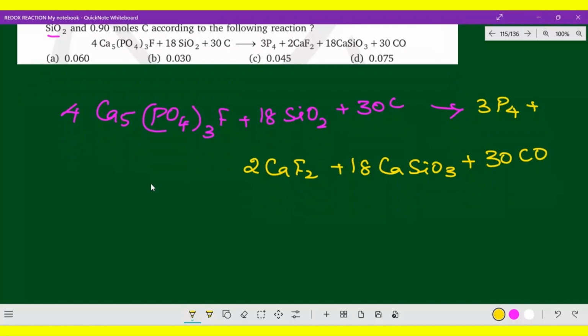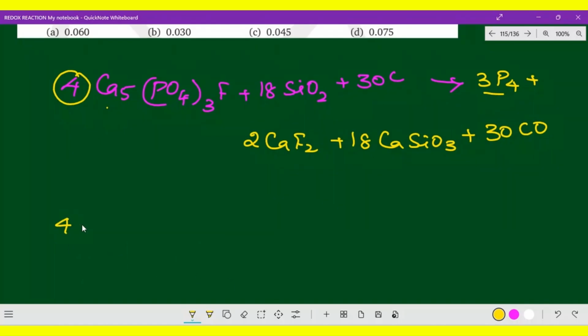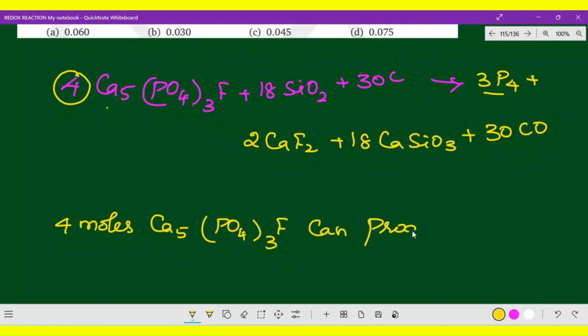Now the first point: 4 moles of fluoroapatite can produce 3 moles of P4. Ca5(PO4)3F, 4 moles can produce 3 moles of P4.